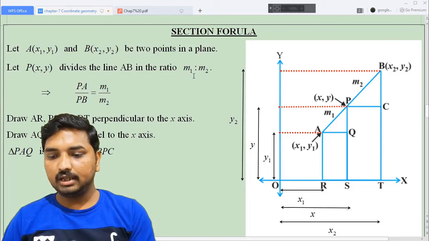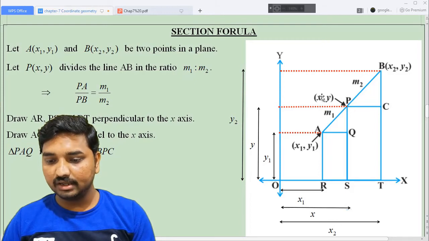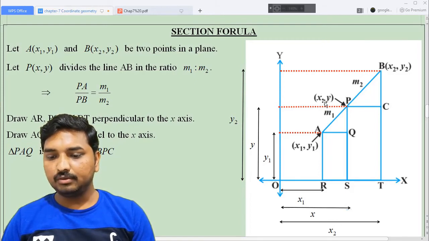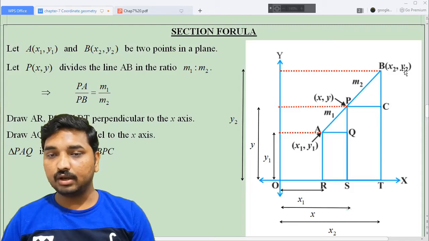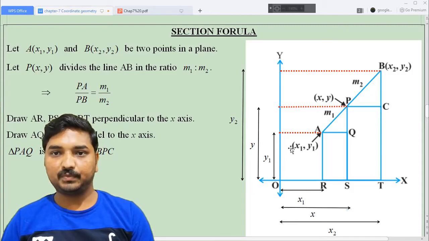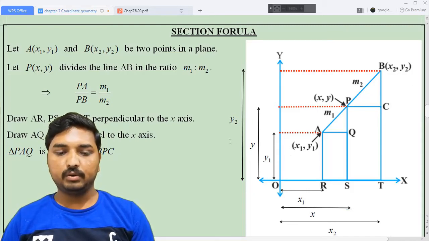But I need to find the coordinates of the point P. Usually I have taken x and y, but you need to express the coordinates x and y in terms of x1, y1, x2, y2 and m1, m2. That is actually the required formula.